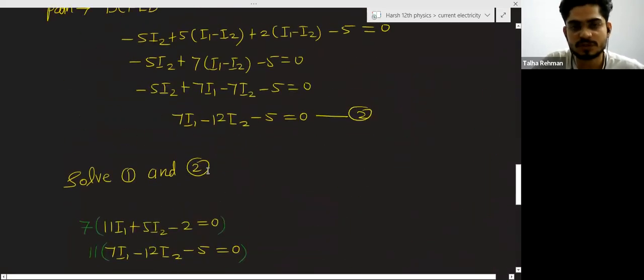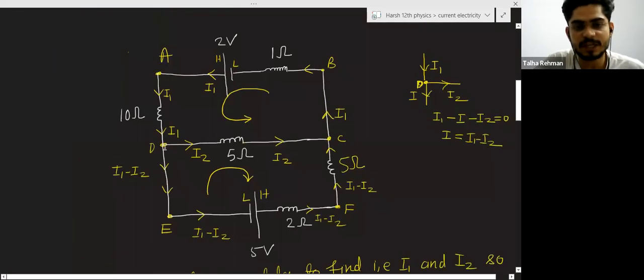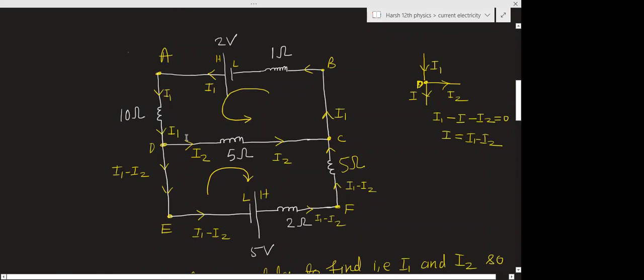Means we have supposed that the I2 is flowing in this direction, but the I2 is flowing in this direction, because I2 is negative.